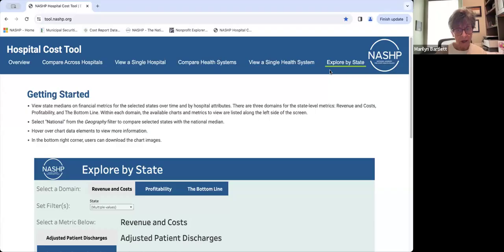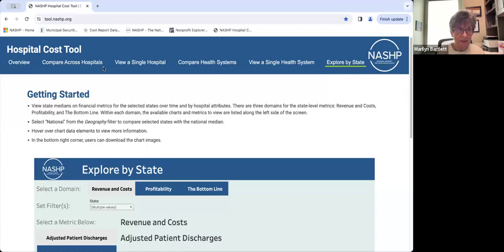But we now have Tableau as the platform. I think you're going to like it. We had Metabase before. With Tableau, it's a little bit easier to download items and graphs and charts. You also don't have to do as much scrolling, and it's faster. So we hope you'll use it.